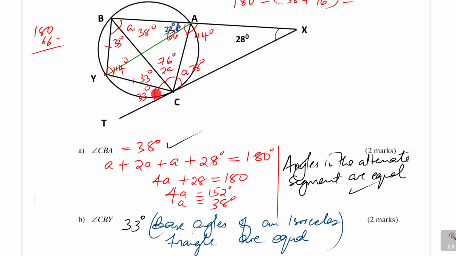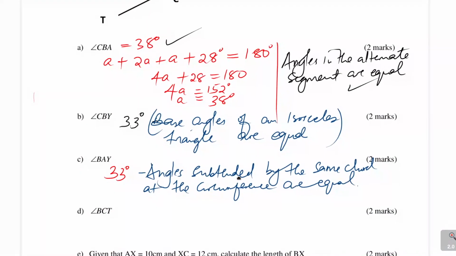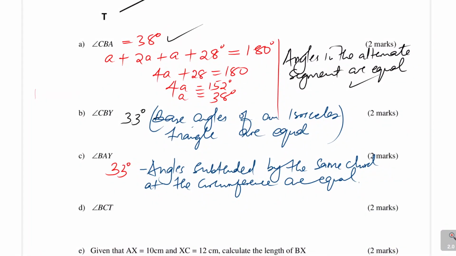So this is 33 plus 33, that is 66. The reason that we use them, remember we use angles in the alternate segment and also the sum of angles on a straight line. So this angle is 33 plus 33, so that angle is 66.